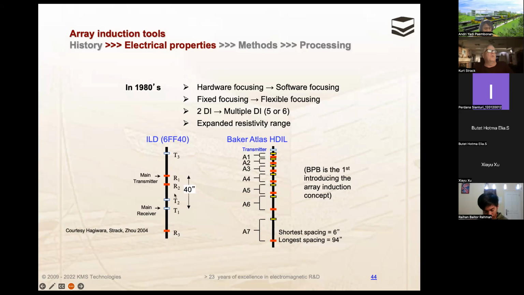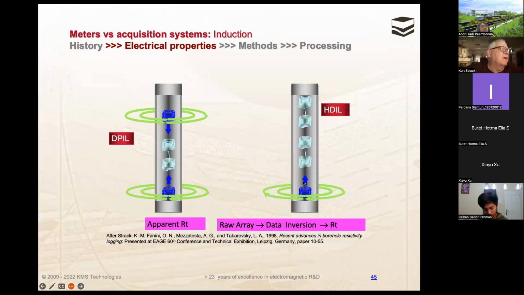And the original tools were 40 inches distance between transmitter and receiver. And the new tools have multiple transmitters and receivers shown on the right. This is the array induction logging tool, which was originally invented by the British Plasterboard. And then Schlumberger made their own array induction out of it. And then Baker built theirs. So this is how they work.